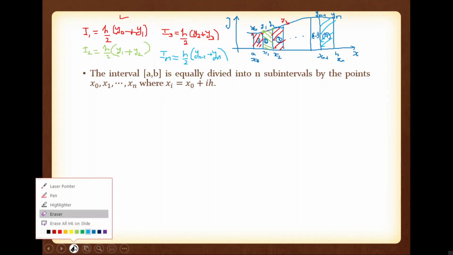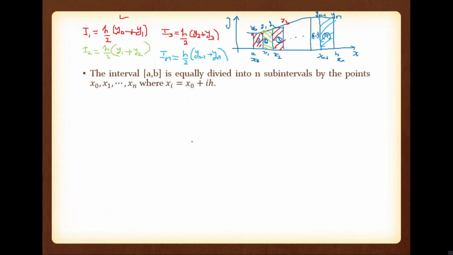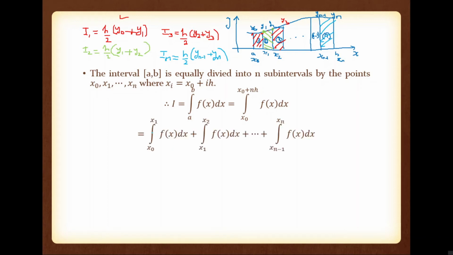So if you are proceeding this way, then I is equal to integral a to b f of x dx, that is equal to integral x0 to x0 plus nh f of x dx. So that we can write as integral x0 to x1, that is the first segment, f of x dx, plus integral x1 to x2 f of x dx, that is the second segment, plus etc. plus, now the last segment, integral xn minus 1 to xn f of x dx.